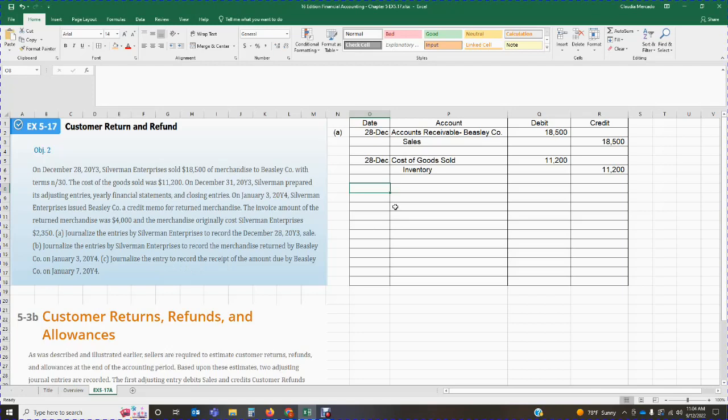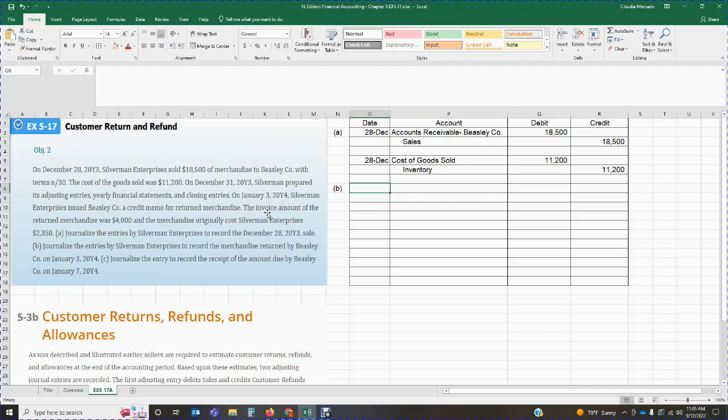Letter B. It says, journalize the entries by Silverman Enterprises to record the merchandise returned by Beasley Company on January the 3rd. On December the 31st, Silverman prepared its adjusting entries, financial statements, and closing entries. Now we get to January the 3rd.